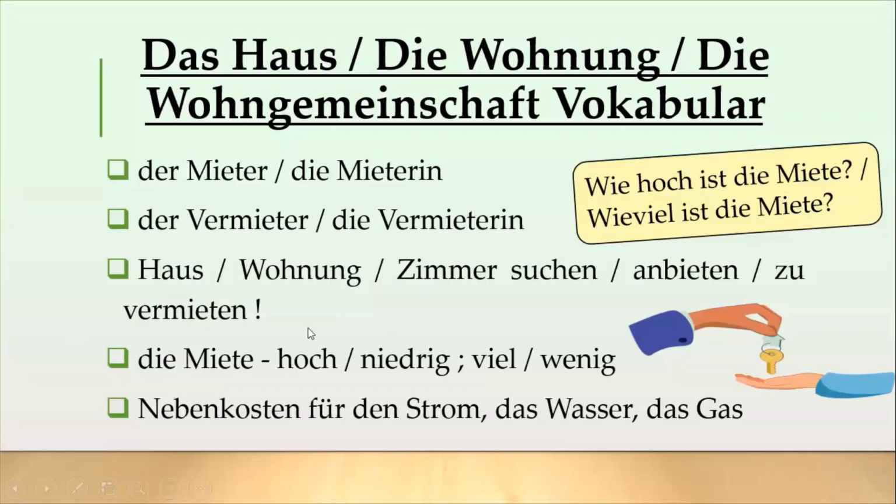So you could find a board saying Haus zu vermieten, Wohnung zu vermieten, Zimmer zu vermieten. It is also a regular German verb, so if I'm a landlady renting any one of these accommodations, I can say Ich vermiete ein Haus or Ich vermiete eine Wohnung.